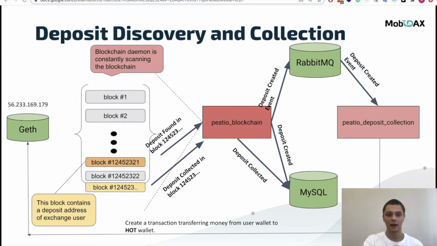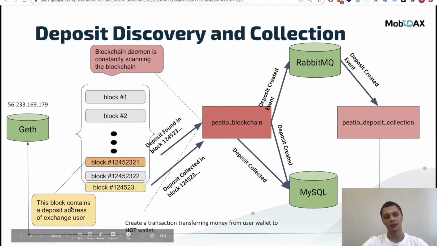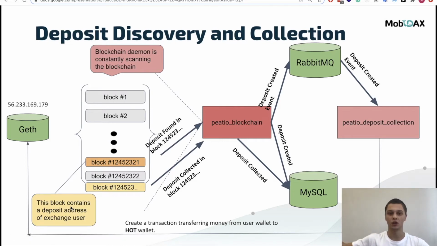And so what is happening? Well, after you've sent that Ethereum, you have a transaction generated, you have a transaction ID. That transaction is featured on a block in the Ethereum network. And let's imagine that block is number 1, 2, blah, blah, blah. So it contains the deposit address of your user on the exchange. Okay, cool.